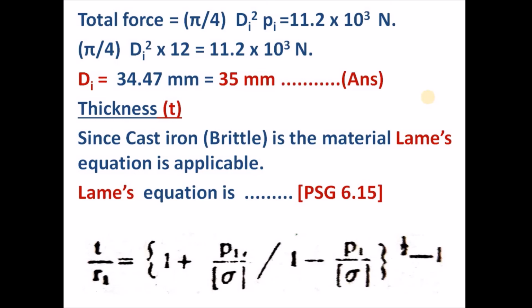The thickness of the cylinder has to be designed. Here we know that the material is cast iron, that is a brittle material. Since cast iron is a brittle material, the suitable or applicable equation is Lame's equation. Lame's equation is applicable.